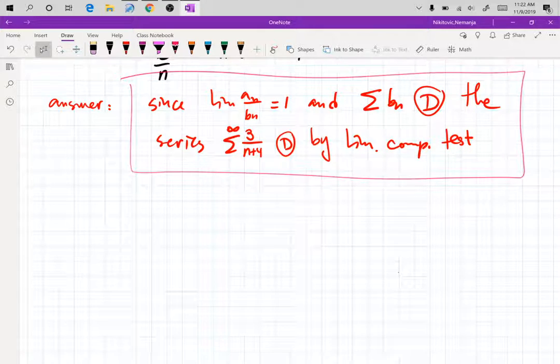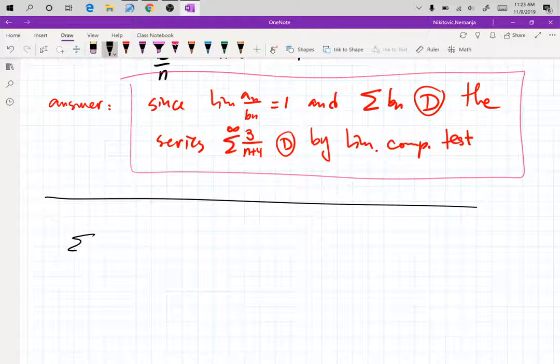So let's see. In some cases, you have to be a little bit sneaky to figure out what to compare it to. So let's see, what is this one?